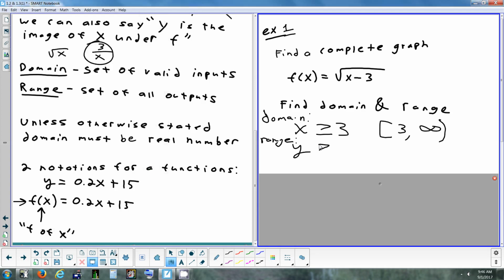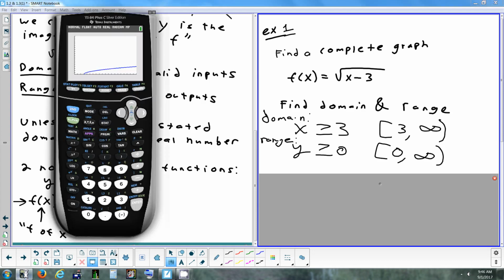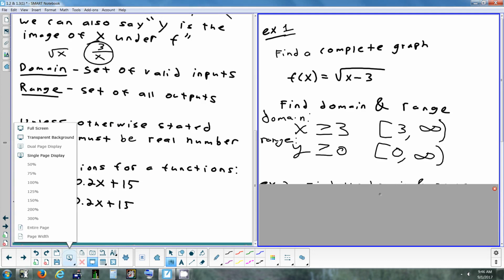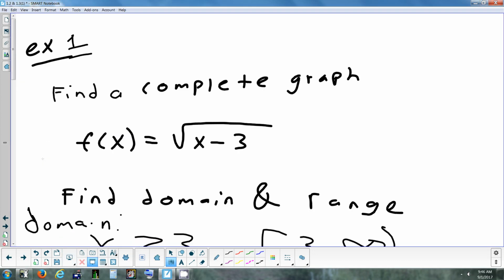So the y values go from 0 and up, including 0. Okay, so that's when they ask you to find domain and range. That's the kind of thing they're looking for.